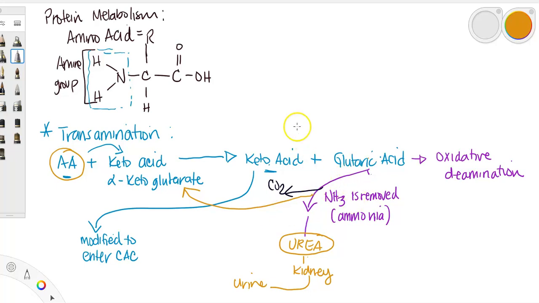Because once you get to this keto acid here, now you can modify it and it can enter any part of the Krebs cycle or citric acid cycle, and eventually you'll get electrons, and you go to the electron transport chain, and you get energy.